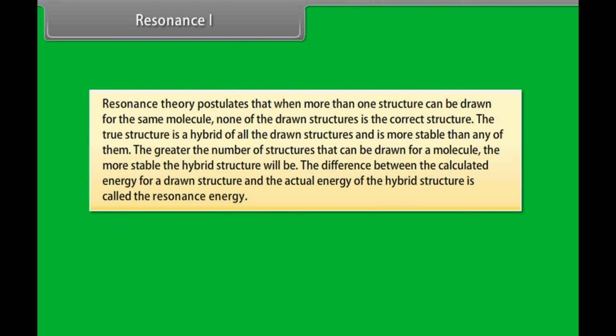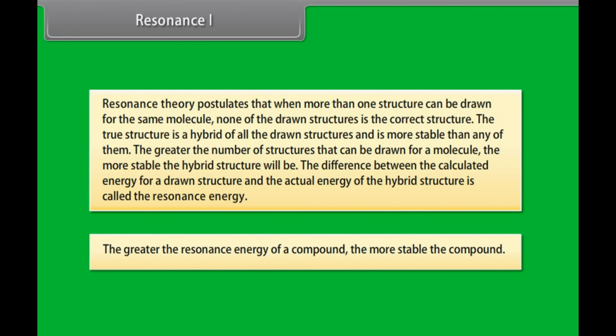The greater the number of structures that can be drawn for a molecule, the more stable the hybrid structure will be. The difference between the calculated energy for a drawn structure and the actual energy of a hybrid structure is called the resonance energy. The greater the resonance energy of a compound, the more stable the compound.